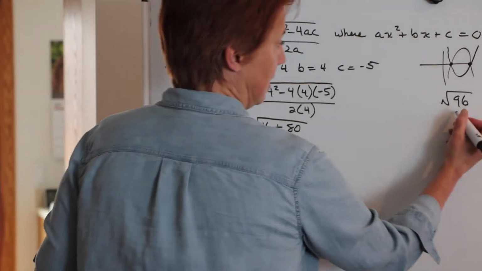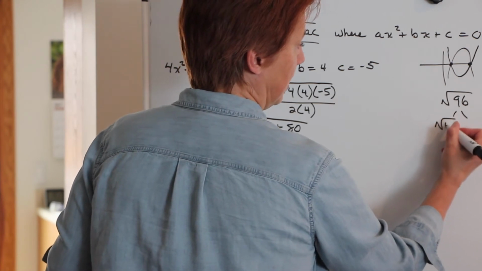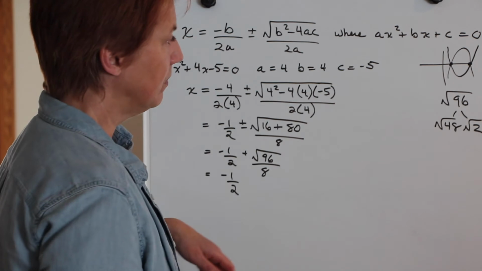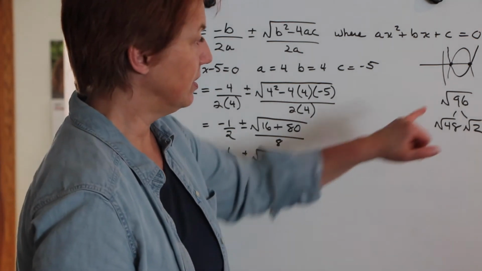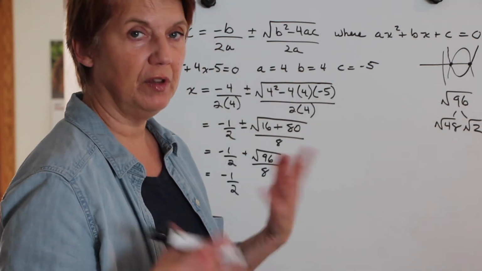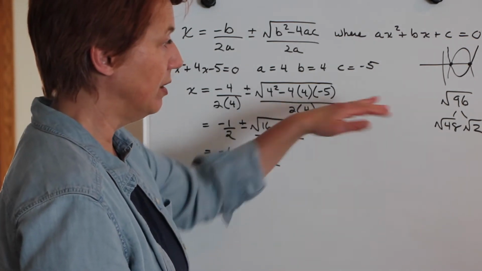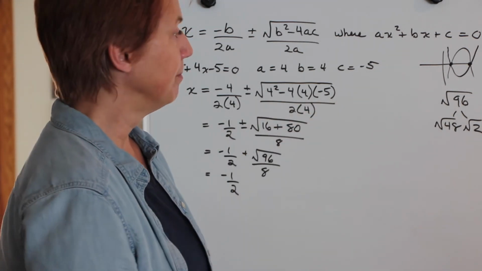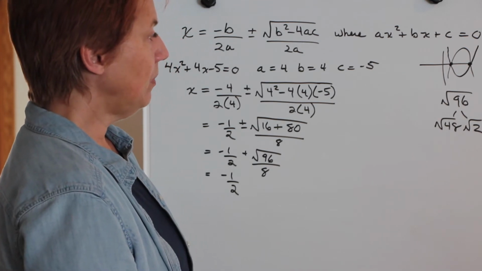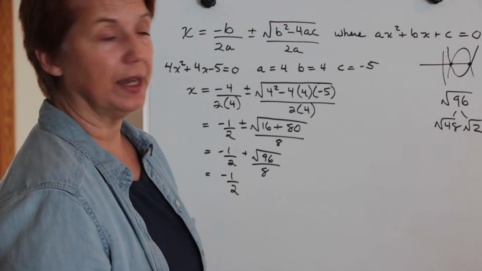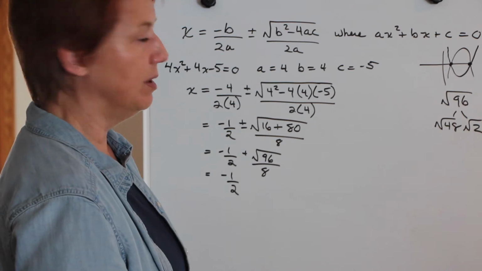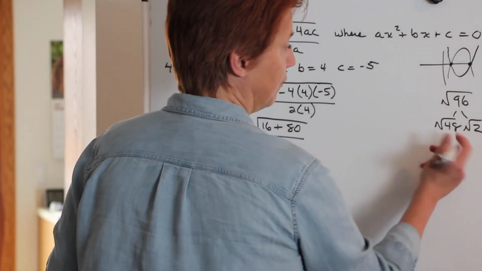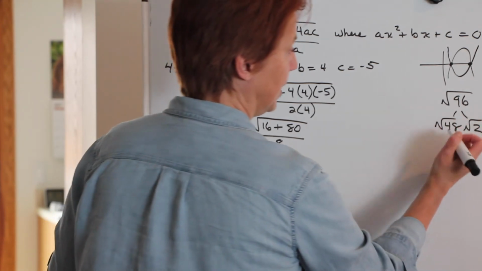Well, if you're stuck, you can just start with 48 and 2. 96 also divides by 3, obviously, because 9 and 6 add up to 15, and 15 is divisible by 3, therefore 96 is divisible by 3. It's also divisible by 6. But I choose to start with 48 and 2. Just divide it by 2 if you don't know where to begin. Some small number. Now, 48 is not a perfect square, so we have to keep going.